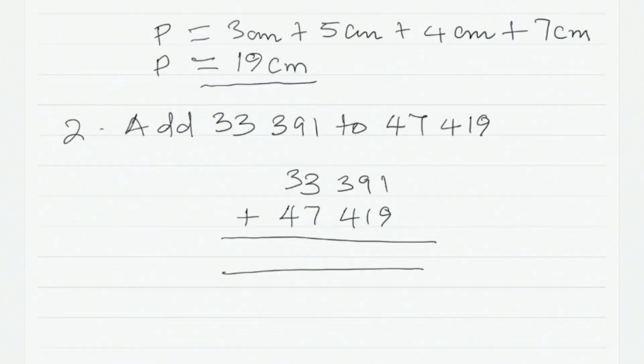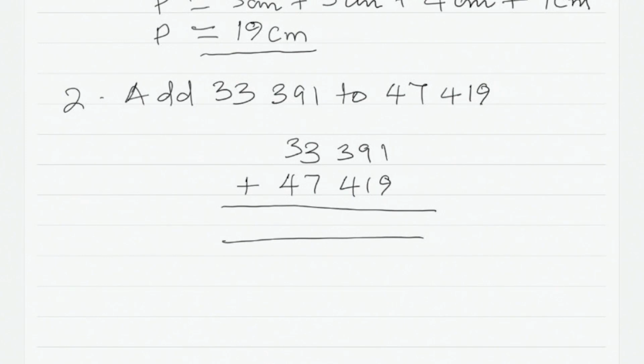So we add 1 plus 9, it gives us 10. You carry 1. 9 plus 1, it gives us 10. 10 plus the 1 we carried, it gives us 11. You carry 1. 1 plus 3, that is 4. 4 plus 4, it gives us 8. You don't carry anything.